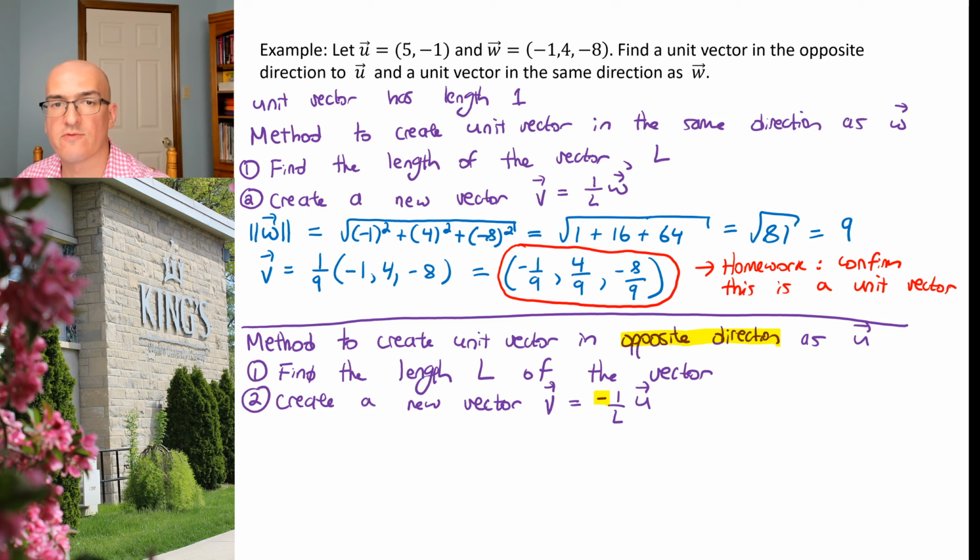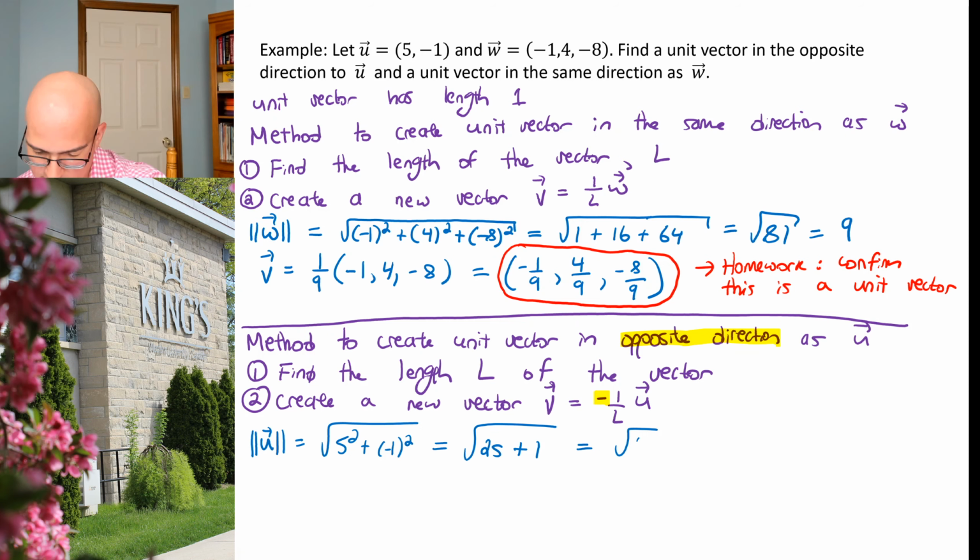Second part, creating a vector in the opposite direction to u. This recipe begins again by finding the length of the original vector. So the length of u is equal to the square root of 5 squared plus negative 1 squared. So the square root of 25 plus 1, square root of 26. 26 does not square root evenly.